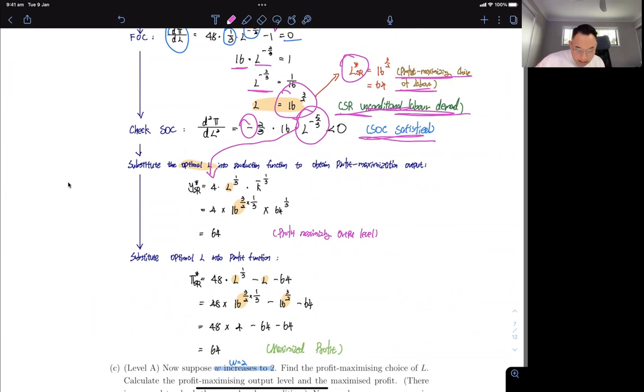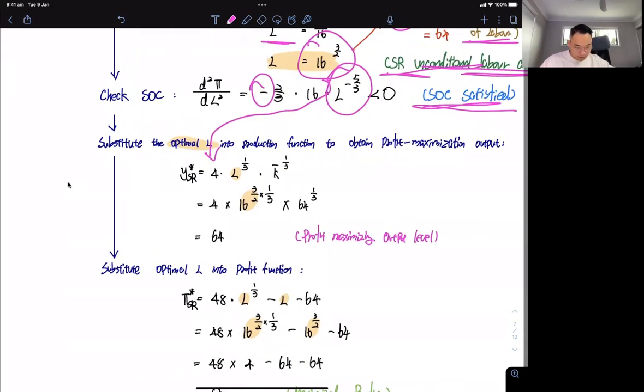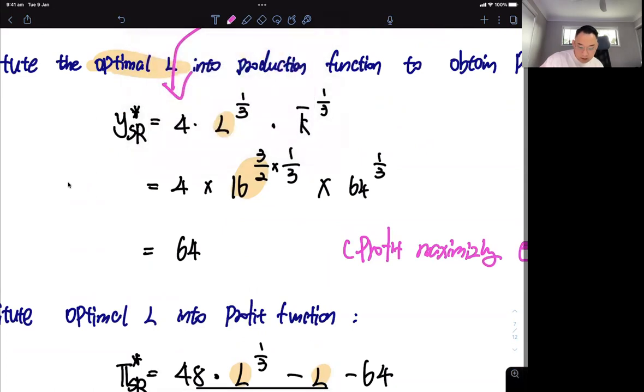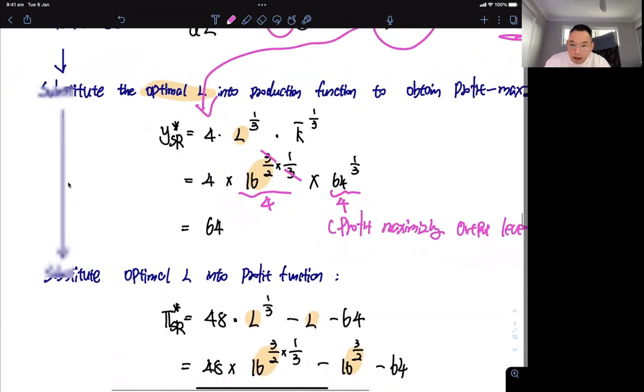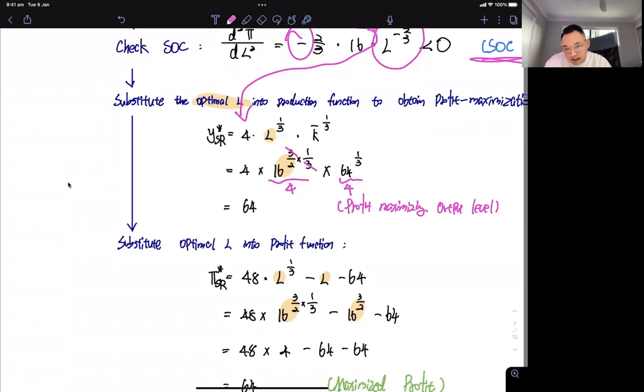So our short run optimal level of output will equal 4 times L to the power of 1/3 times K bar to the power of 1/3, or 4 times 16 to the power of 3/2 times 1/3, times 64 to the power of 1/3. As you can see, the 3 will cancel out, and this will simply equal 4 times 4 times 4, which is 64. So our profit maximizing output level will equal 64.